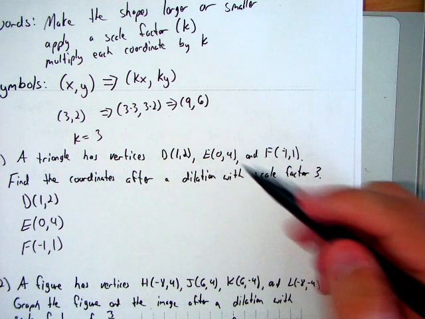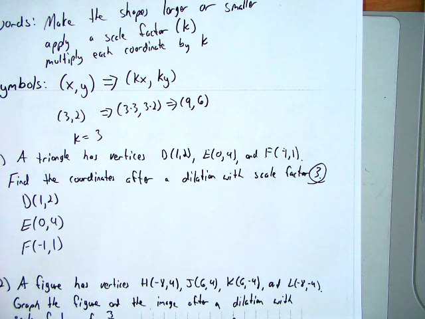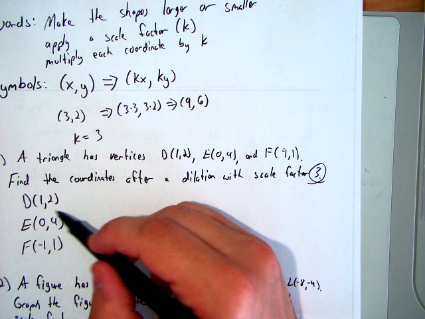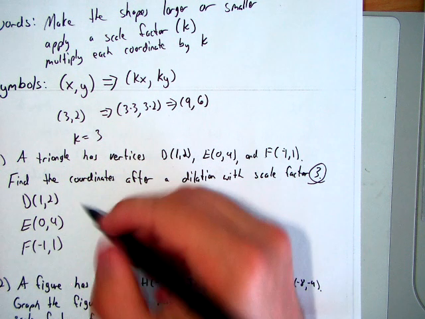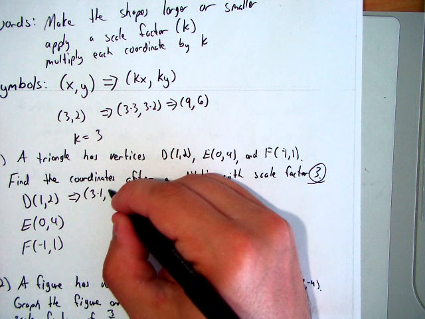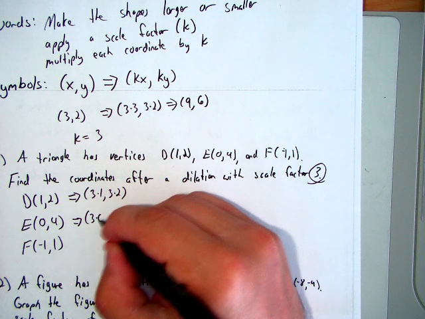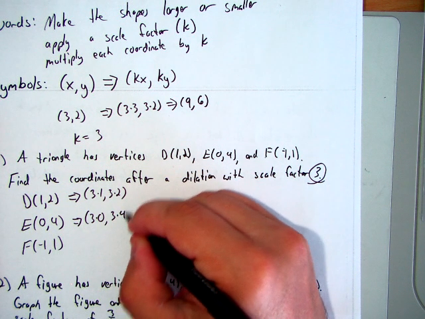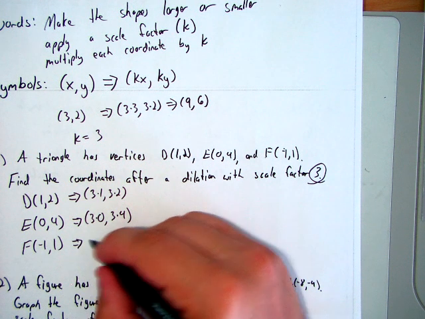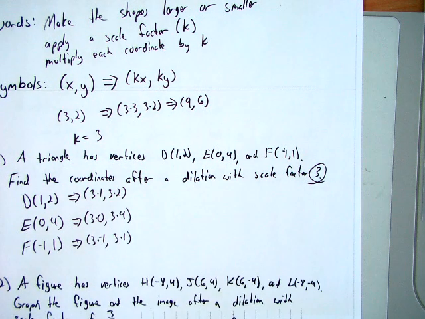It says find the coordinates after a dilation with scale factor of 3, which means that every single coordinate of these ordered pairs is going to be multiplied by 3. So this becomes 3 times 1 and 3 times 2. This becomes 3 times 0 and 3 times 4. And this becomes 3 times negative 1 and 3 times 1.